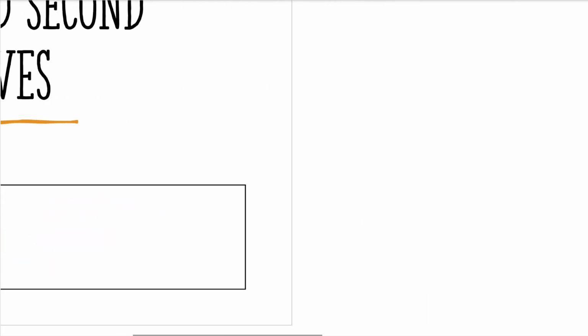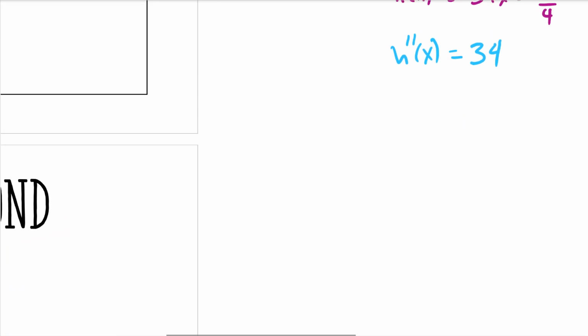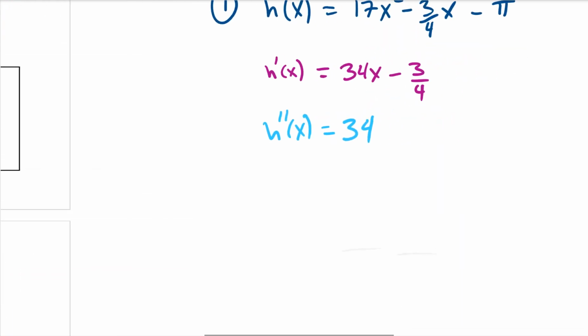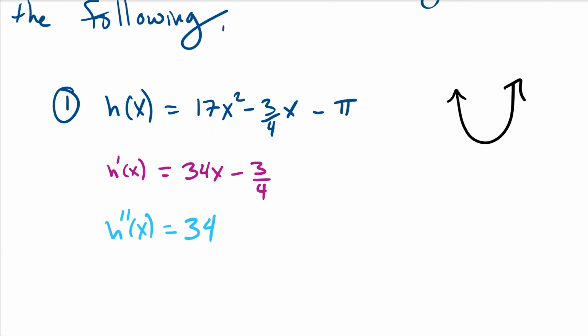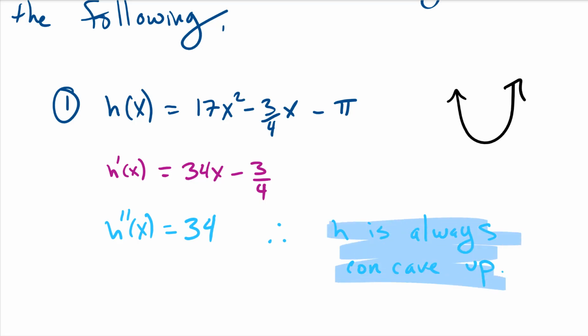This is true for all values. 34 is saying that the concavity of this function is always positive. Therefore, h is always concave up.